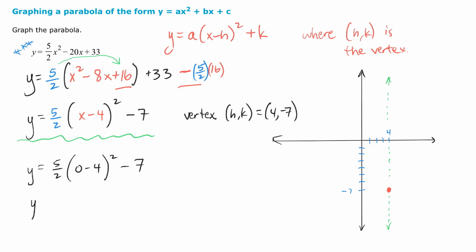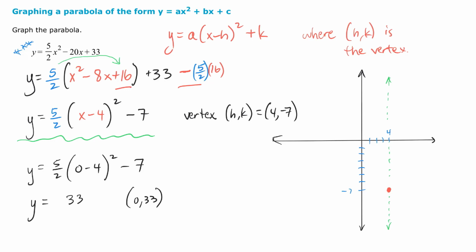And what is that? Y is now equal to 16 divided by 2 is 8. 8 times 5 is 40. And 40 minus 7 is 33. So we do have a y-intercept of (0, 33). That might be a little bit off our scale, but that is simply another ordered pair.